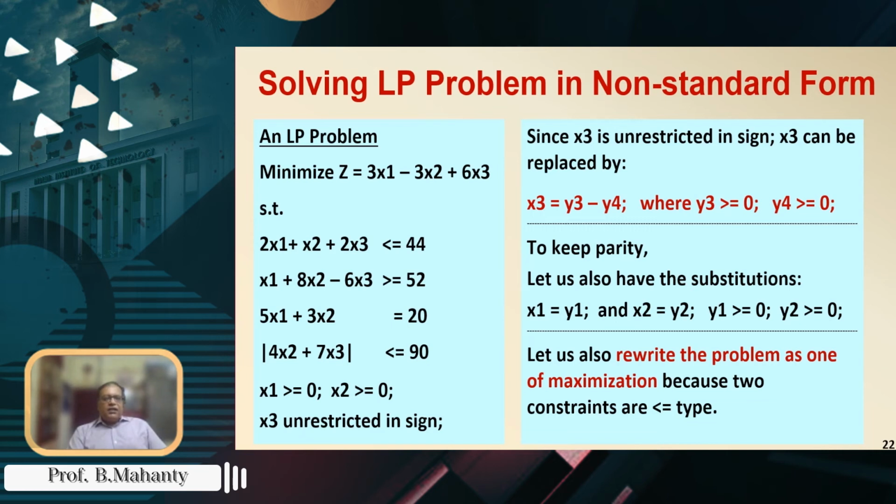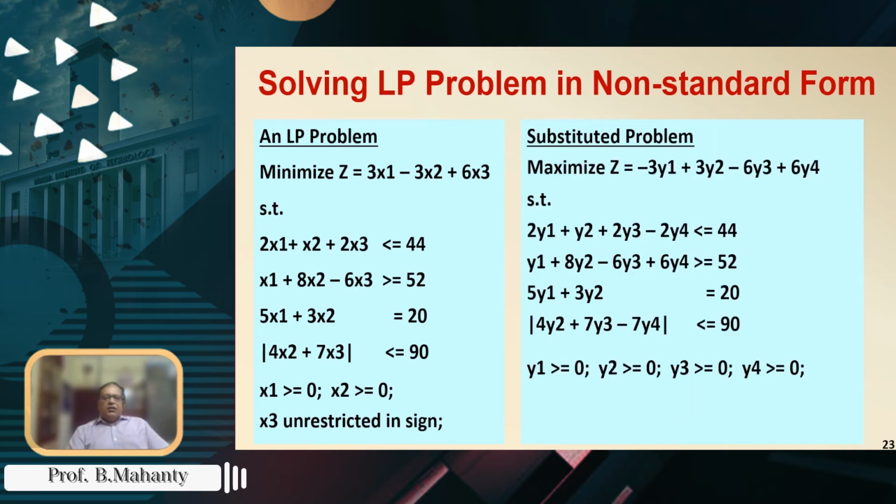So if we do this substitution where y1, y2, y3, y4 are all greater than or equal to 0 and bring the problem to the y domain, and also rewrite the problem as one of maximization because two constraints are less than or equal to type. Although that is not required, we can just do it. That's all. So this is how the substituted problem would look.